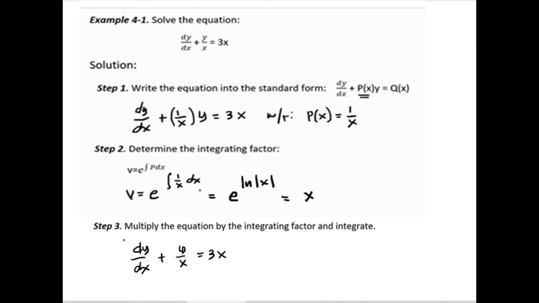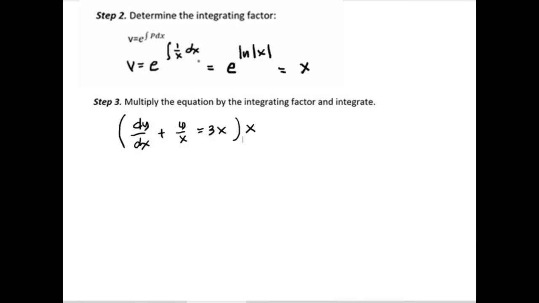Then multiply this by our integrating factor x. So the equation here is x dy over dx plus, cancel x, so we have y is equal to 3x squared. After this, we are going to integrate.